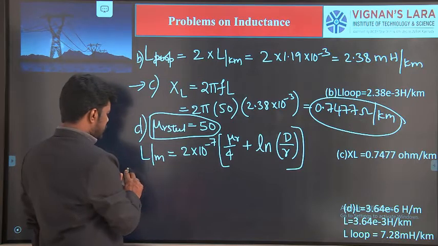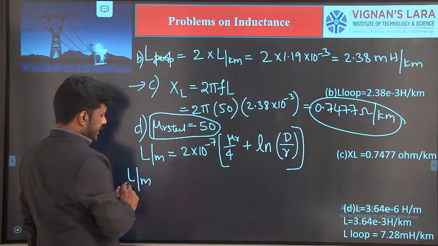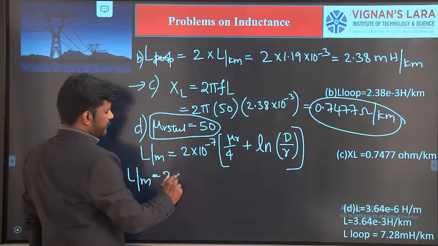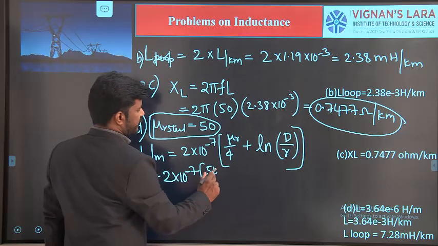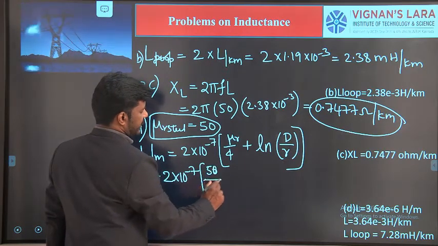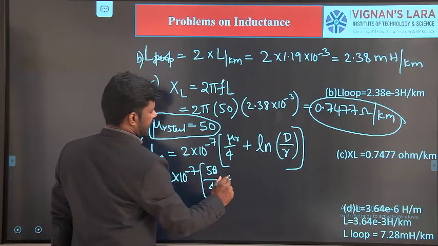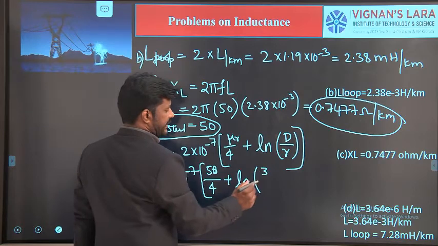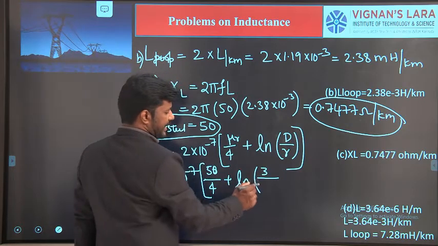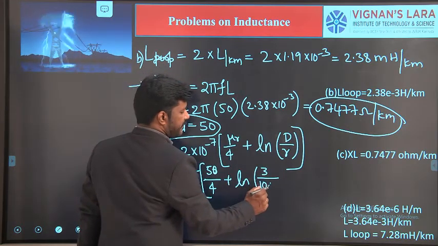Let me substitute and tell me the answer. Inductance per meter length is equal to 2 into 10 power minus 7. Mu r given is 50. This is 50 by 4 plus ln of distance between the conductors, which is 3 meters, with the radius. What is the radius? 10 millimeters.